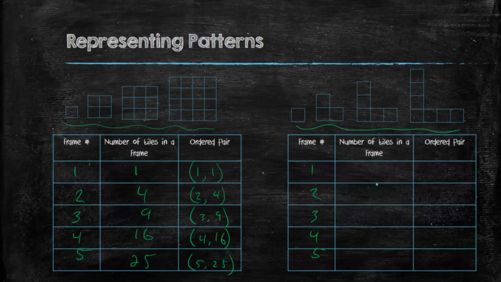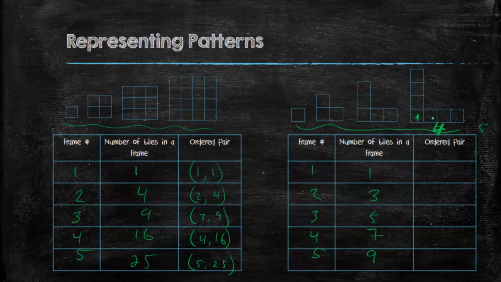Let's see if we could do this here. Number of tiles in a frame: 1, 3, 5, 7. And in frame 5 it should say 9, because if you go back you'll see that it's 9, but just by looking at the pattern it's 1 plus the number of frames to the right.